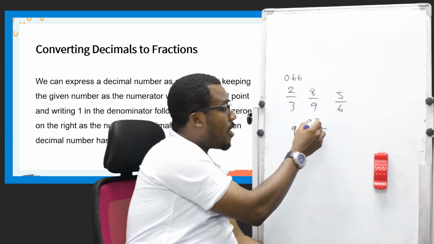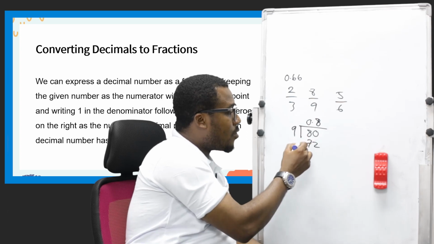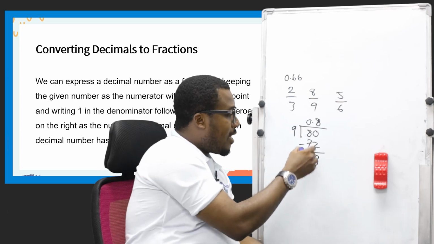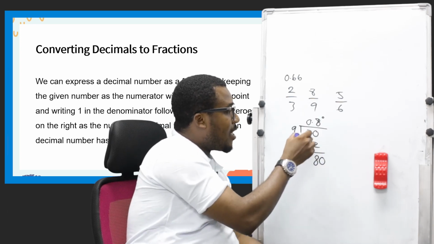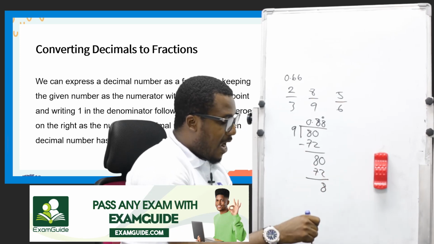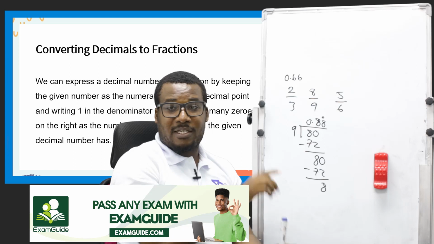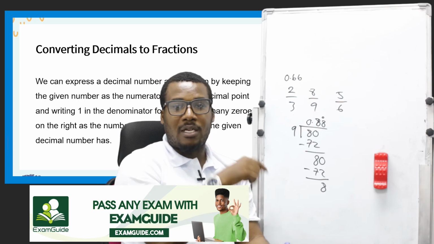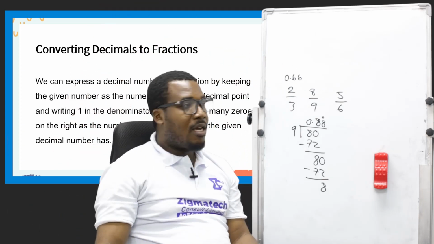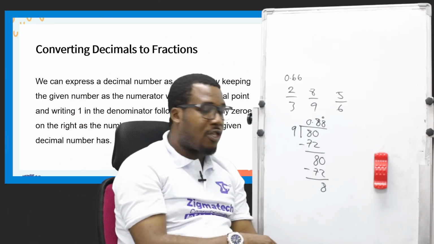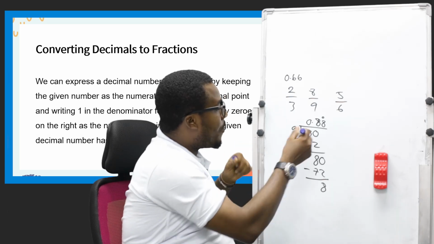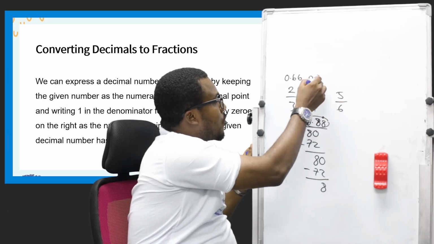So we put 8 here. 8 times 9 is 72. When you subtract, you get 8, and then you do this again and the exact same thing repeats itself. As in our first case, you keep having a recurring decimal, 0.8888, and it's going on. It's also a repetitive fraction. So we can just take our 0.88 to be the next one here.